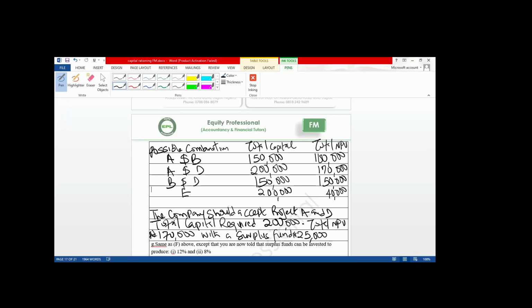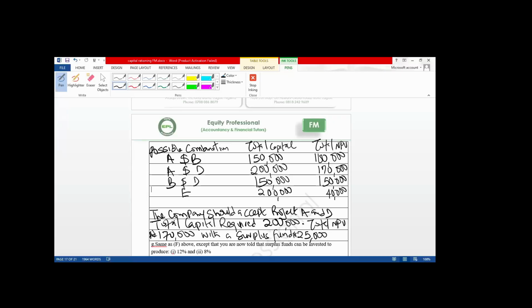Requirement G. Examiner says same as requirement F, that is, all projects are independent and indivisible, except that you are now informed that surplus fund can be invested to produce 12% return, or 8% return.